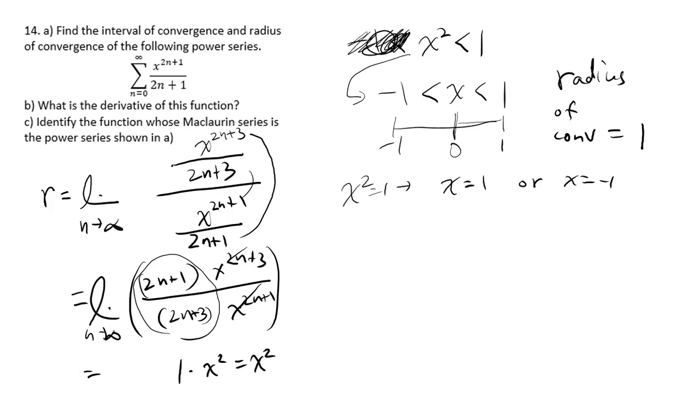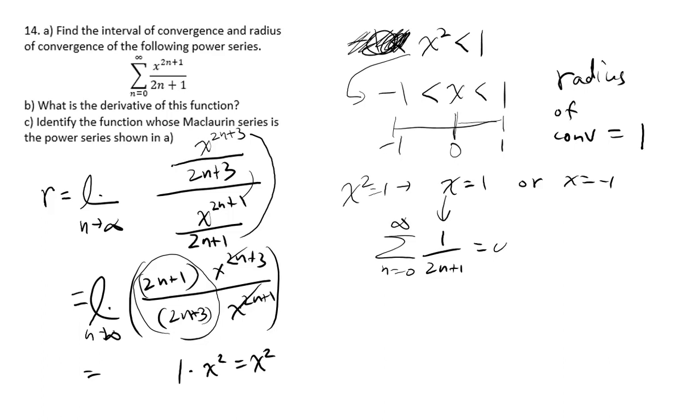We know that when x is bigger than 1, it definitely diverges, but when x is 1 or -1, when x squared is 1, which means when r is 1, then you don't know if it's going to converge or diverge. So that case has to be dealt with separately. Okay, so first, x equal to 1 is sigma n equal to 0 to infinity. Since 1 is plugged in here, 1 to the 2n plus 1 is just 1.